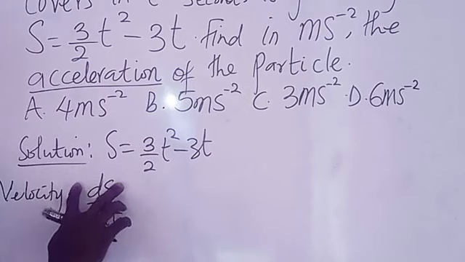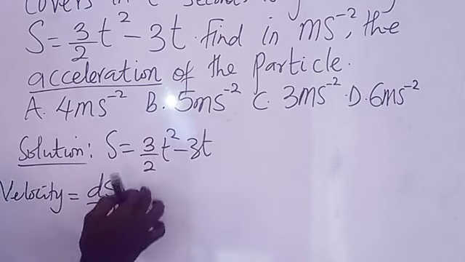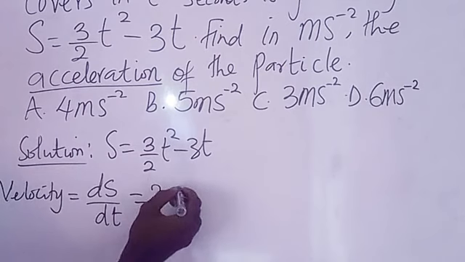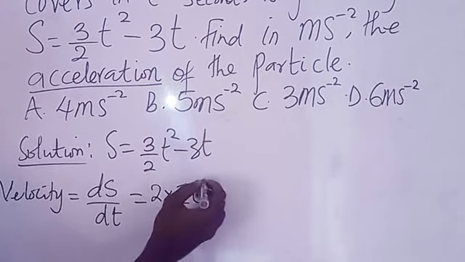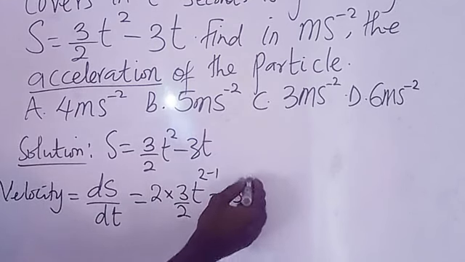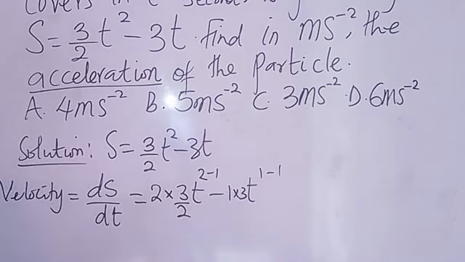So we're going to look at ds dt, which is the same thing as differentiating this. We multiply by the power: 3 over 2 t to the power 2 minus 1, minus 3 t to the power 1 minus 1, and here we have 1 times 3. Are you following?